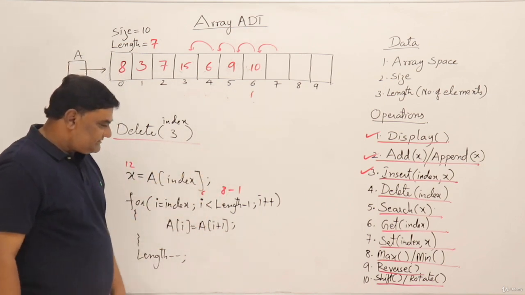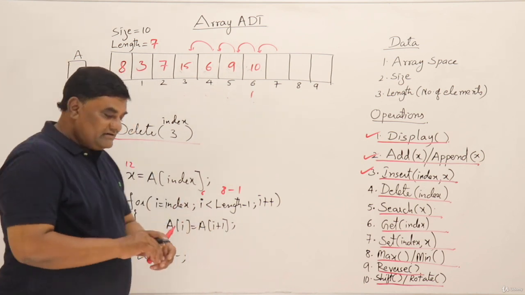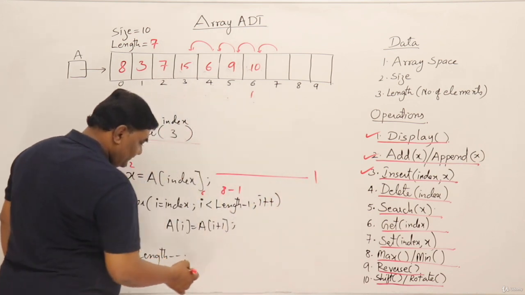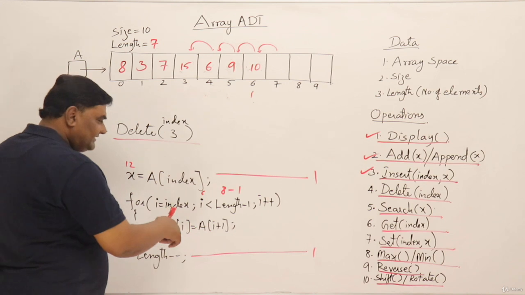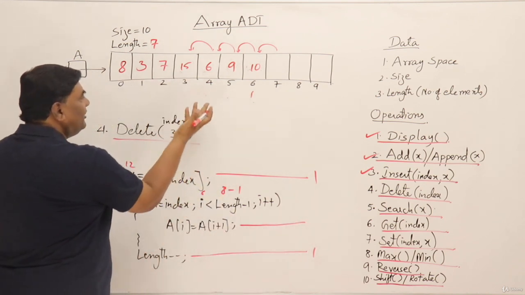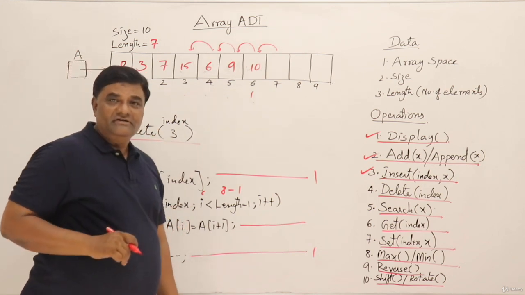Now let us analyze how much work is done here. What is the time complexity? Copying the element from a given index takes 1 unit of time, and decrementing length takes 1 unit of time. And the loop, the statement that is shifting the elements, how many elements are shifted? It depends on what index I have given.